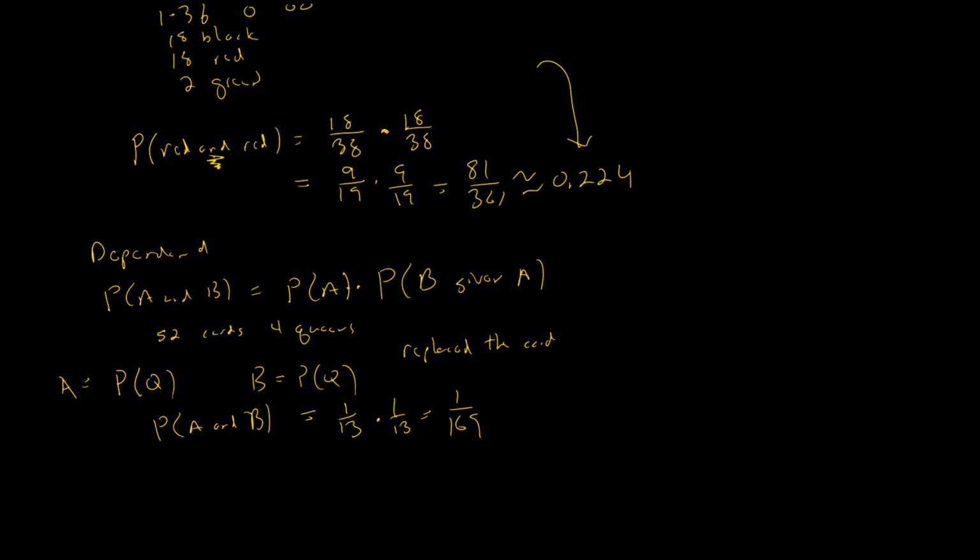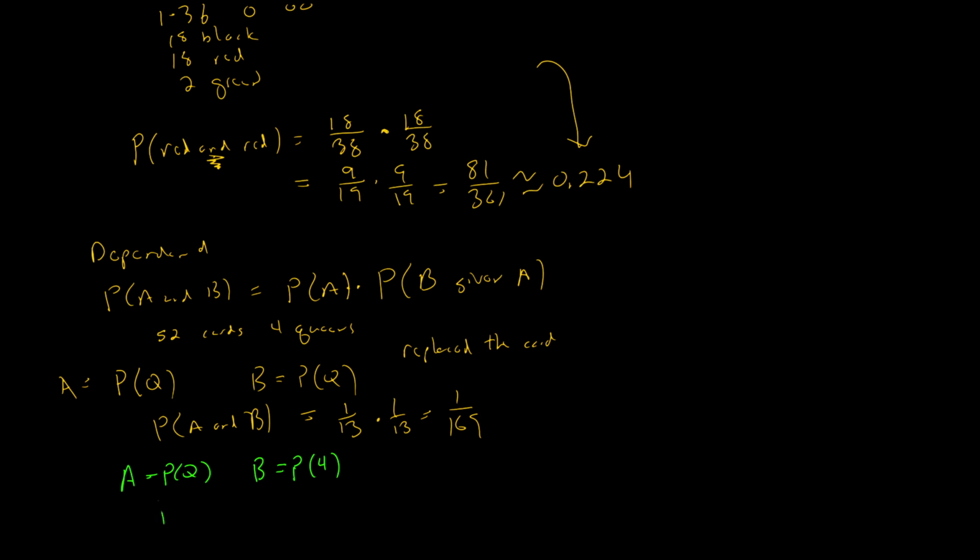Say I do this again, but for A, I have the probability of drawing a queen, and now I don't replace the card. Let's say the probability of drawing a 4 next. So I draw my first card, my chance of getting a queen, and then after I draw the queen, my probability of getting a 4.